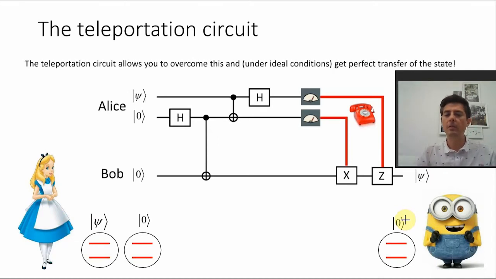You can transfer this state even though you don't know what it is, even though you never find out what it actually is. Alice never finds out what it is. Bob also never knows what it is, but they can actually transfer this state over from here to here.